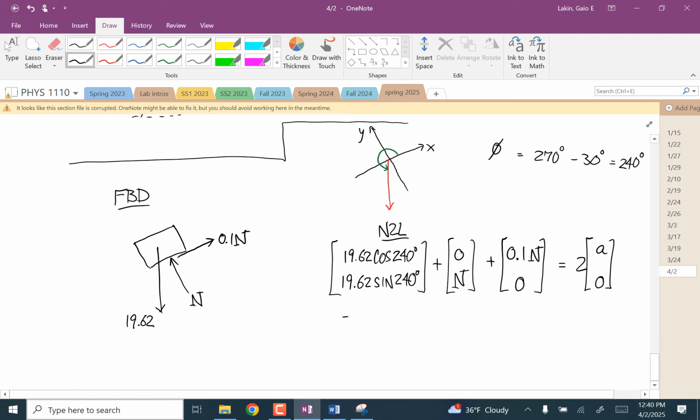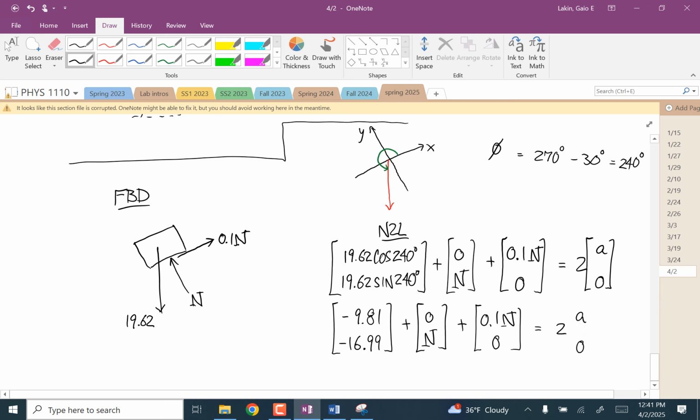Okay, so this is negative 9.81, negative 16.99, plus 0, n, plus 0.1n, 0, is equal to 2 times a, 0.